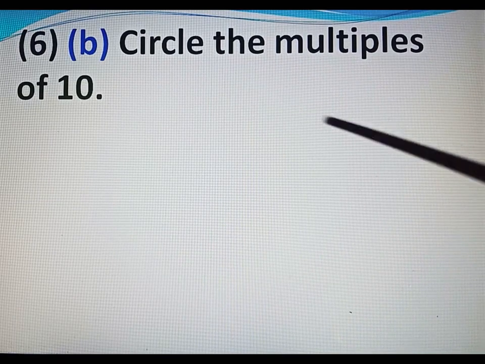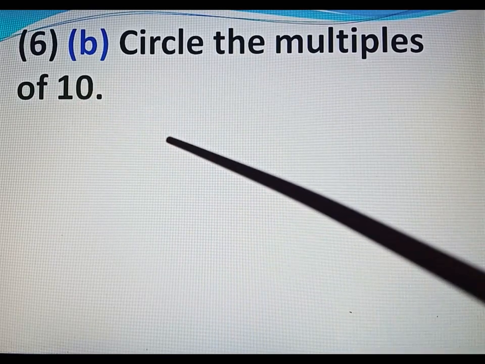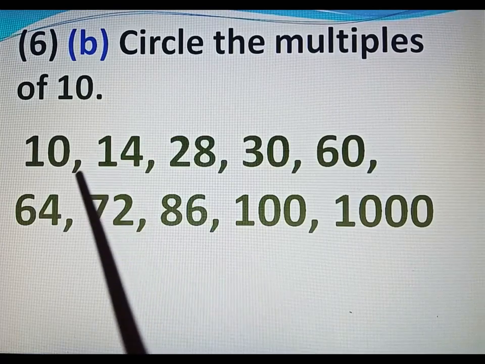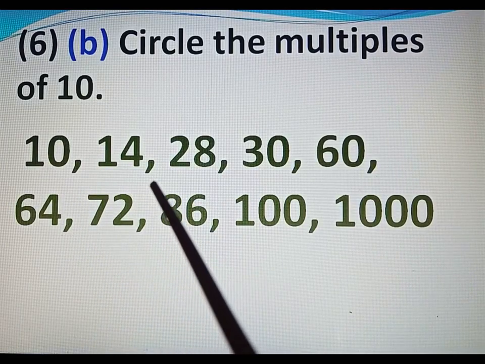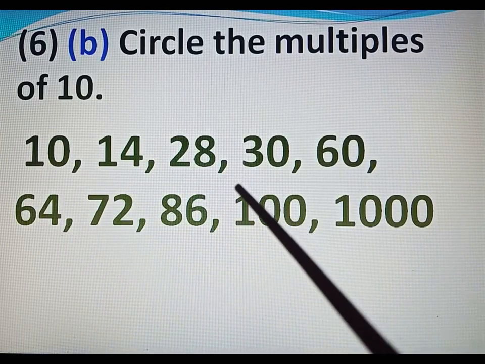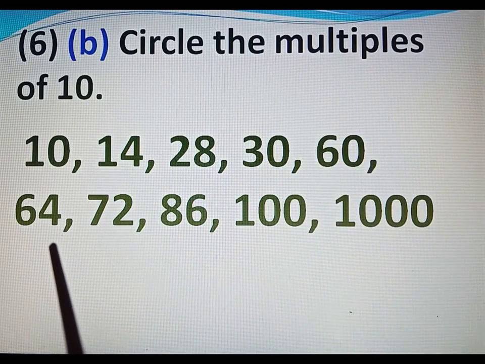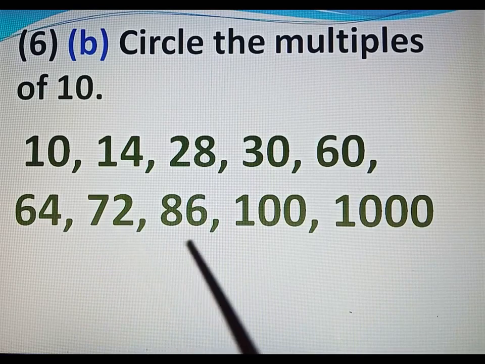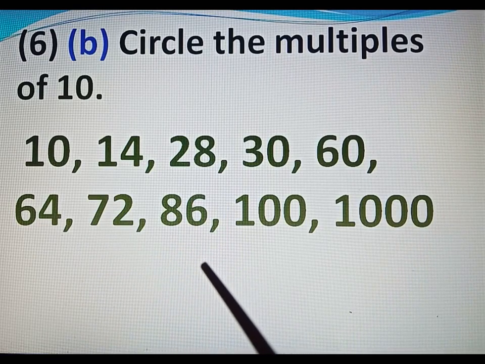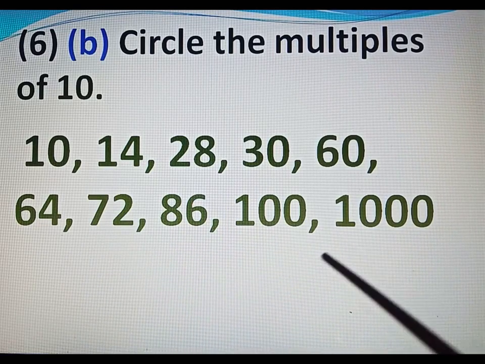Now question number 6. B part. Circle the multiples of 10: 10, 14, 28, 30, 60, 64, 72, 86, 100, 1000.